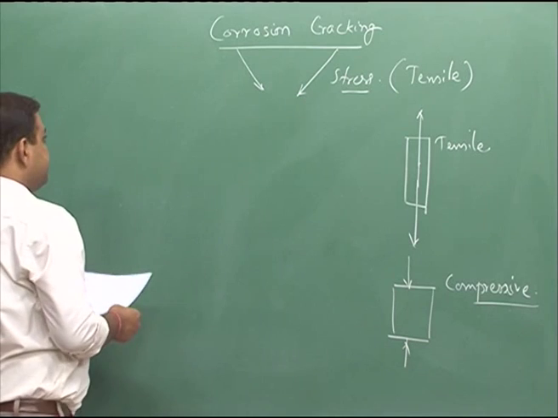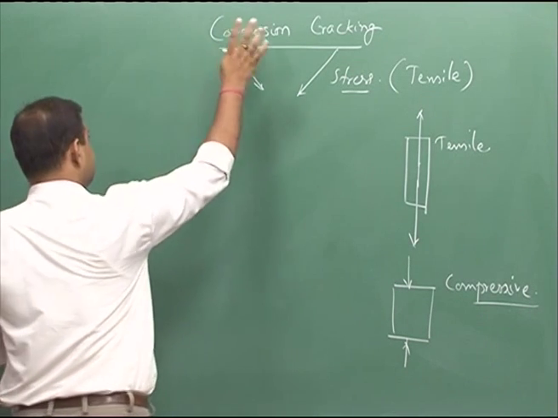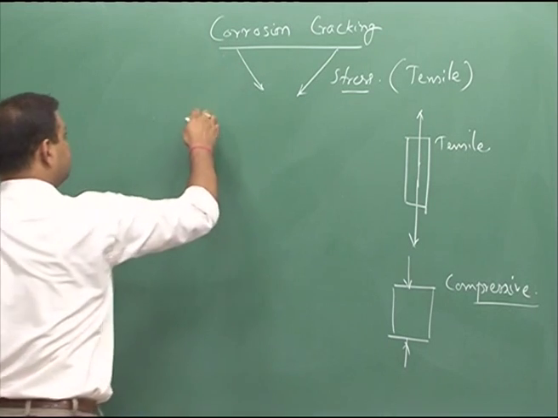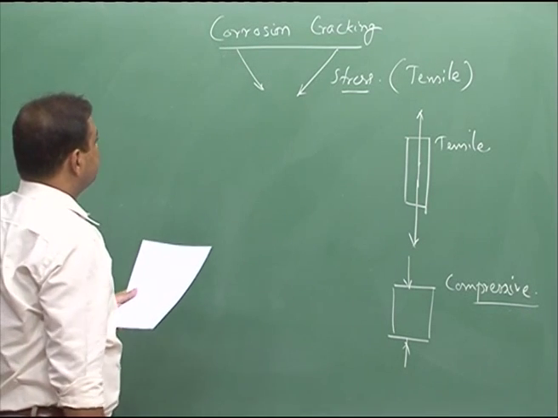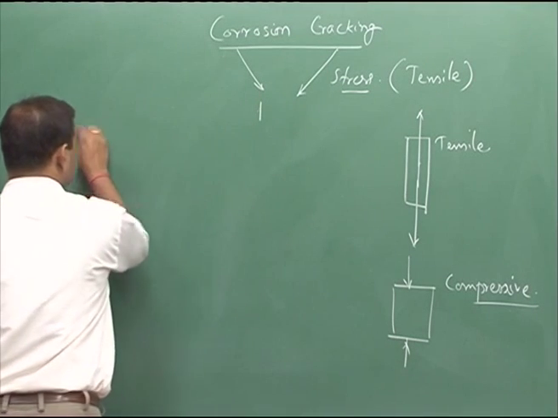So, it is a combined action of stress plus corrosion that will lead to corrosion cracking, and it has three divisions.